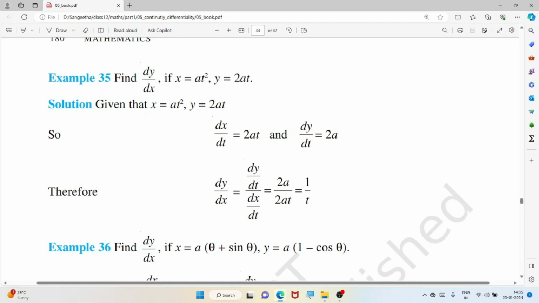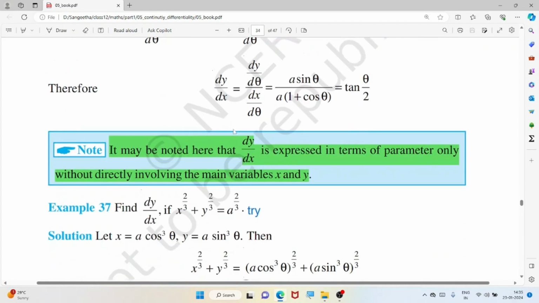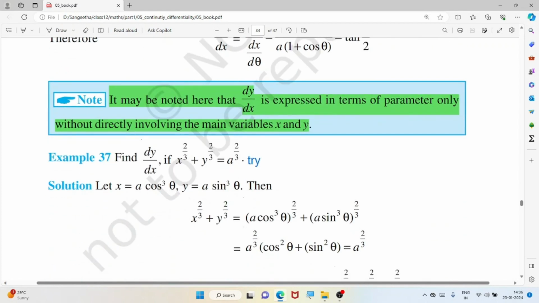dy by dx: dx by dt is 2at, dy by dt is 2a, then you divide and you will get this. It may be noted here that dy by dx is expressed in terms of the parameter only, without directly involving the main variables x and y.